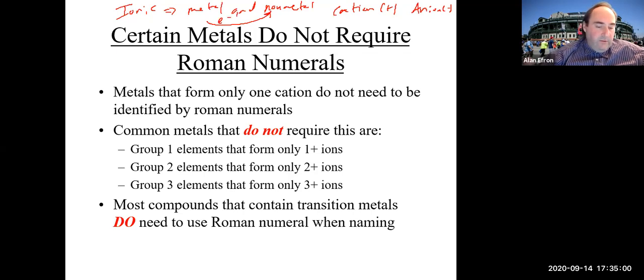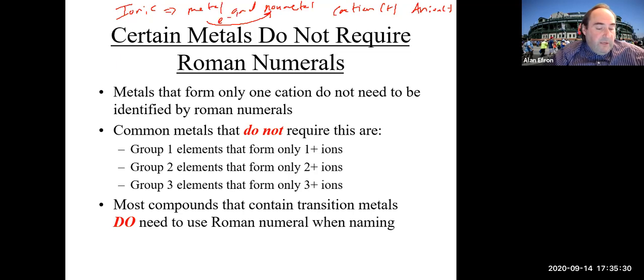Now, when we put those two things together, our metal and non-metal, it's always the metal that is the most important aspect. If it is a metal from group 1, 2, or 3, or if it is zinc, cadmium, or silver, what those all have in common is a fixed charge.